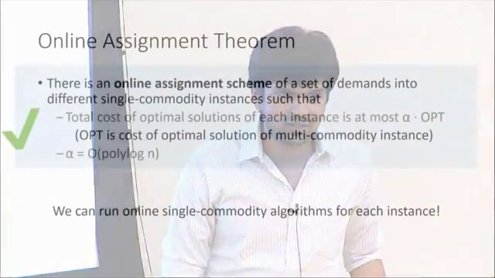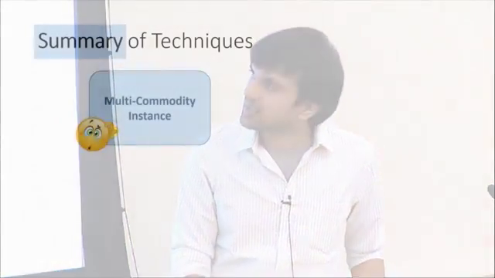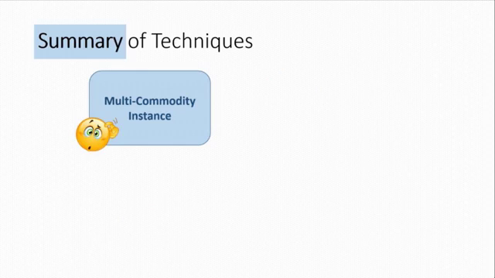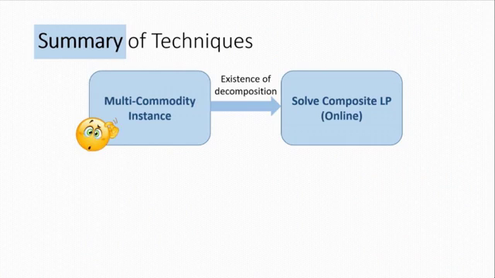It is pretty much all that I wanted to show in the outline. If we know that our online assignment is good, we can just run the existing online algorithms and put the two together and complete it. So what is the overall summary? We had a multi-commodity instance, and we used the existence of a decomposition result to formulate a composite LP and then solve it online.